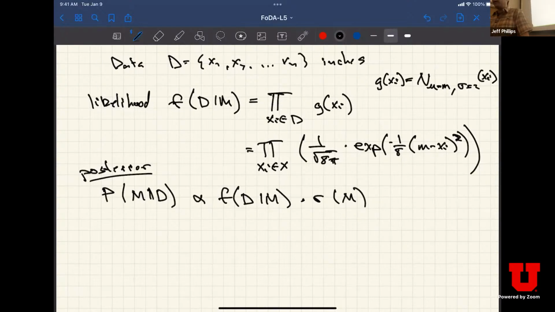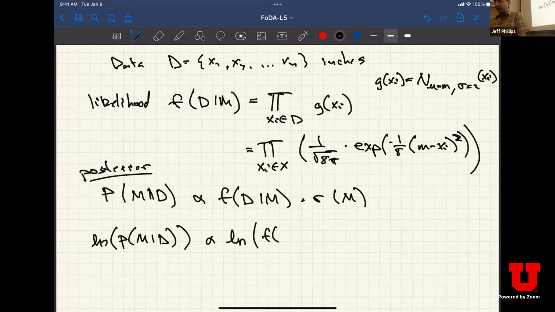And now I can also say that the natural log of the posterior, m given D, is also going to be proportional to the natural log of the likelihood, D given m.